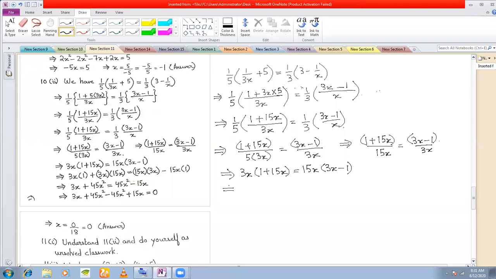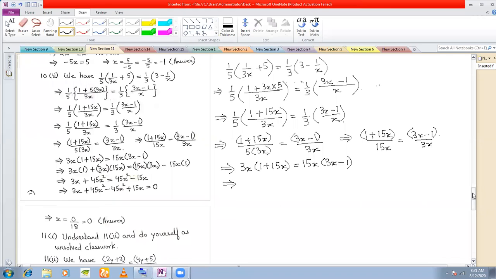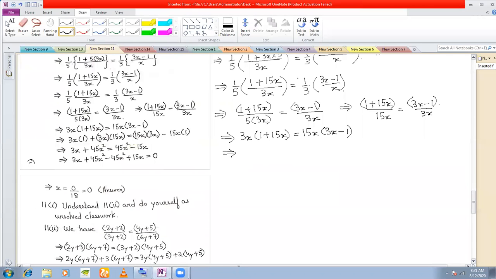Okay. Now all fractions have been removed. Now I will multiply everything. 3x into 1 plus 3x into 15x is equal to 15x into 3x plus 15x into minus 1.